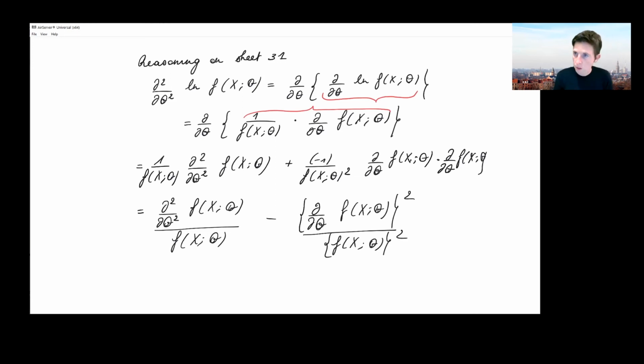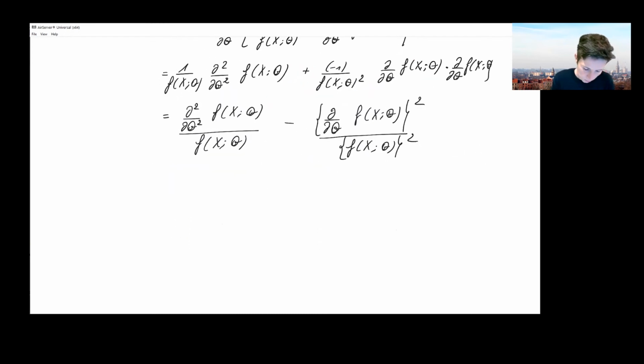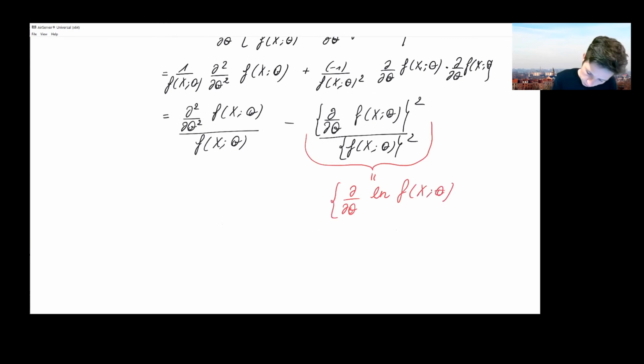And this last step I can even write in a simpler way: this whole thing is the derivative with respect to theta of the log of the density, squared.